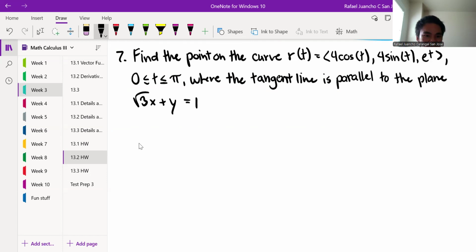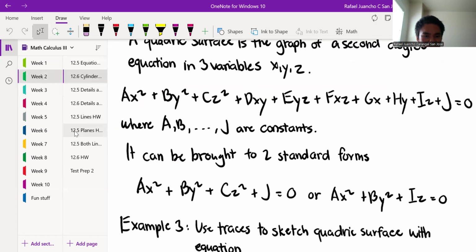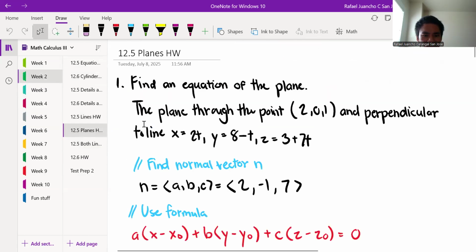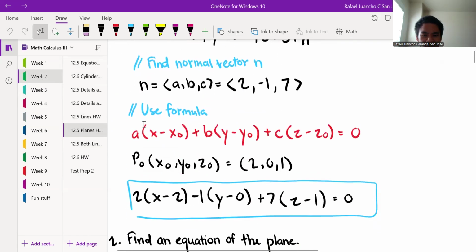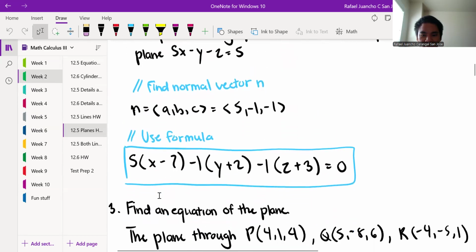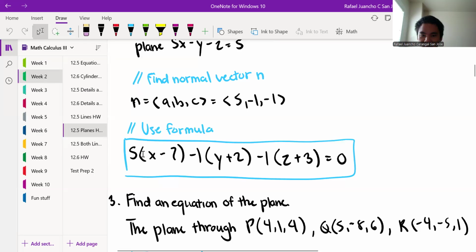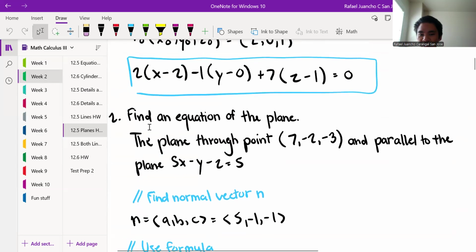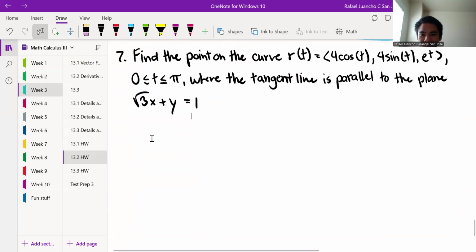Let me just double check if what I'm saying is correct. For a plane, we need a normal vector and an initial point. So that's what we need for a plane.